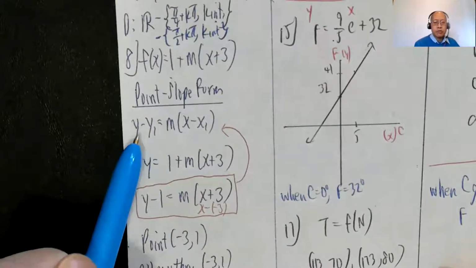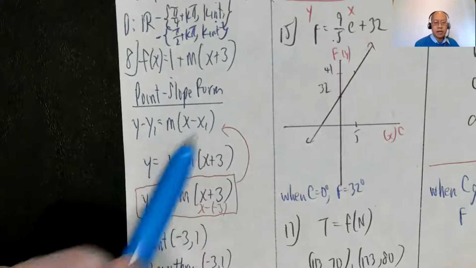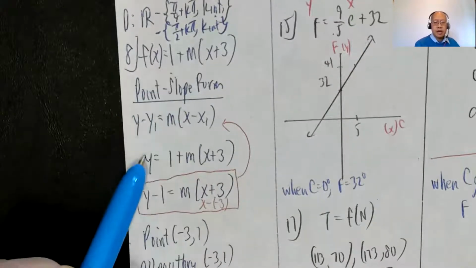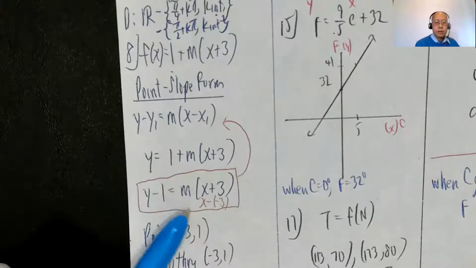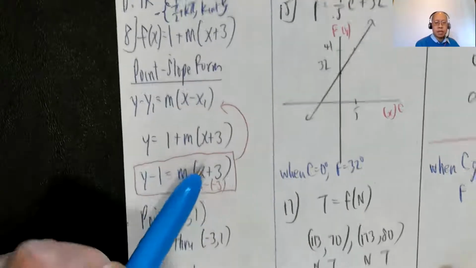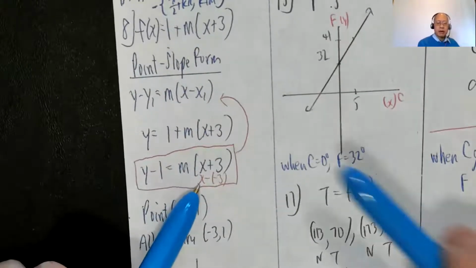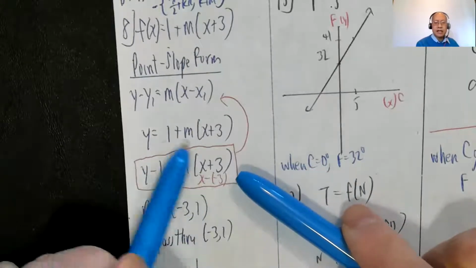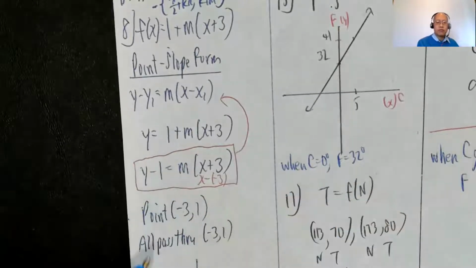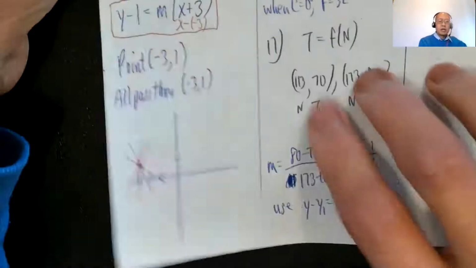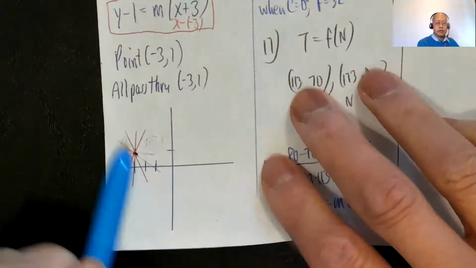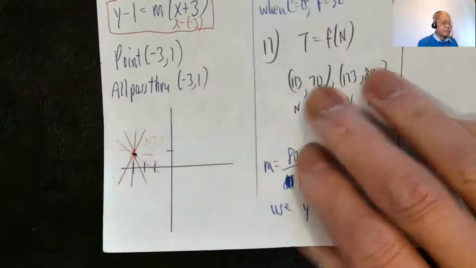Okay, the point slope form is y minus y1 equals m times x minus x1. You can rewrite this as y minus 1 equals m times x plus 3, which is like x minus a negative 3. So all of these lines go through negative 3, 1. And then you just change the slope. So here are several different lines that satisfy that.